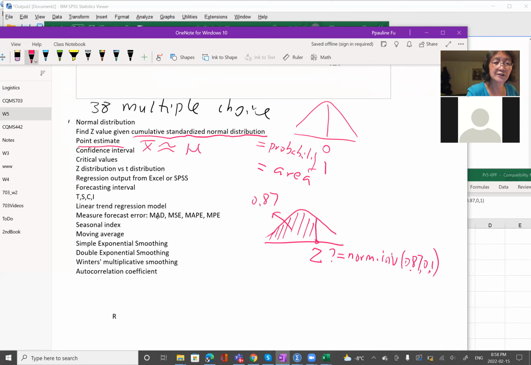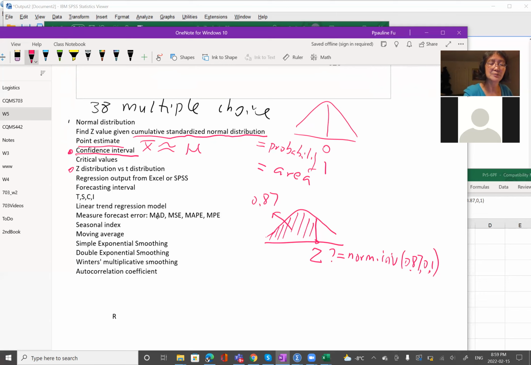And the next one, confidence interval estimate. When you have a confidence interval estimate, you are always targeting the population. Okay. So depending on whether it is normal or student distribution, you need to distinguish normal distribution, or Z distribution, from T distribution.